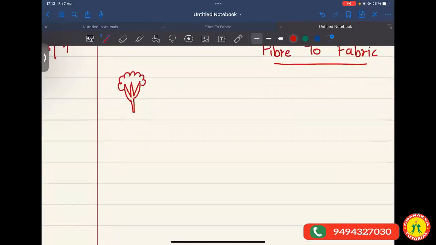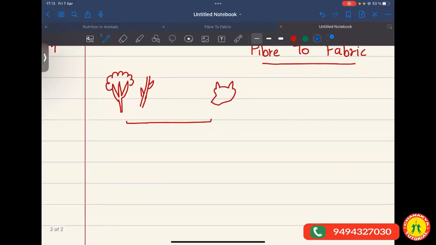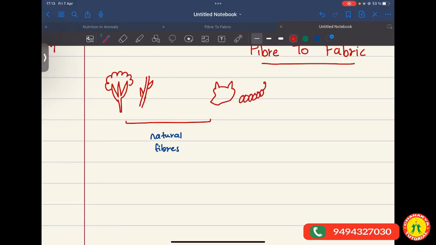So we are classifying the ones that we get from plants and the ones that we get from animals. These are known as natural fibers. You also have the silkworm. From the silkworm only you get silk.